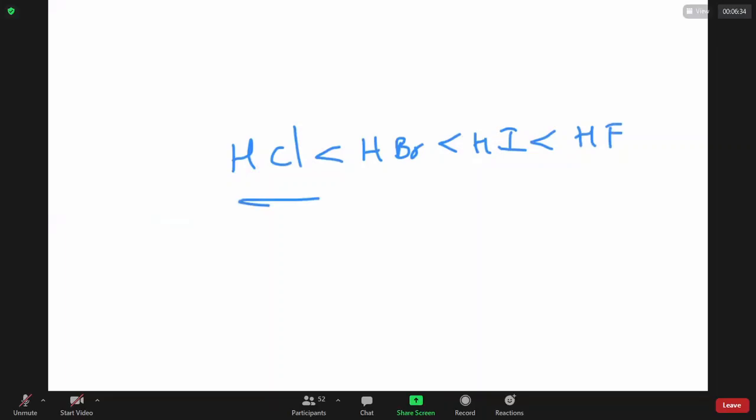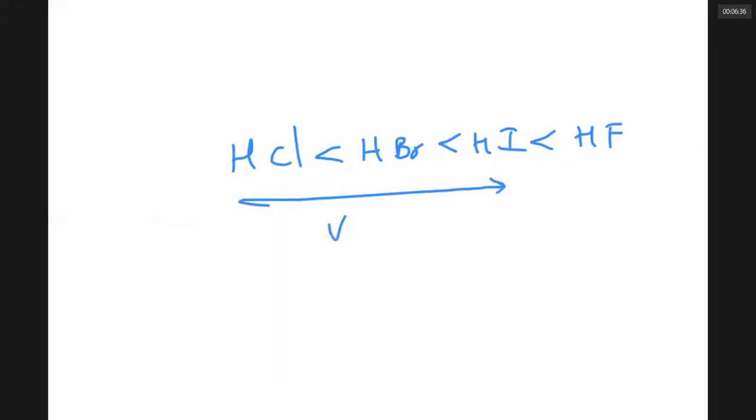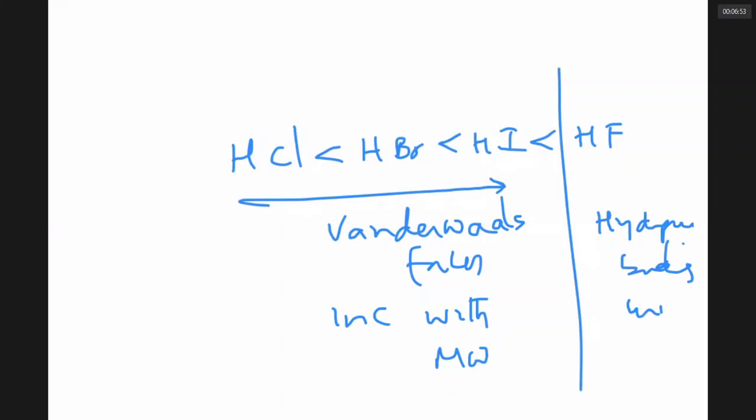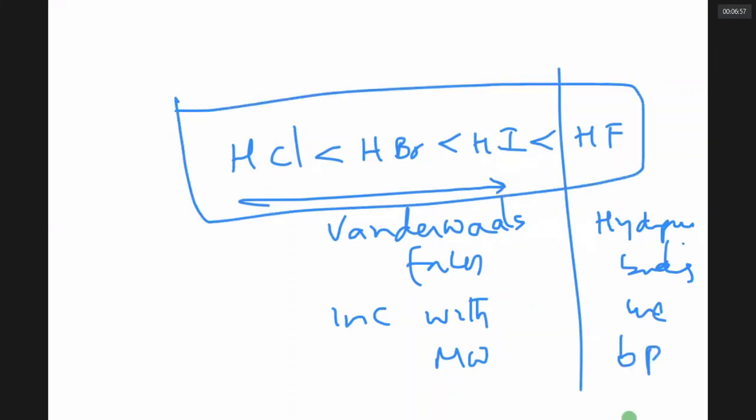Here, as the molecular weight is increasing, van der Waals forces will increase. However, in HF, hydrogen bonding increases boiling point. So the order of boiling point is in this way. Are we very clear?